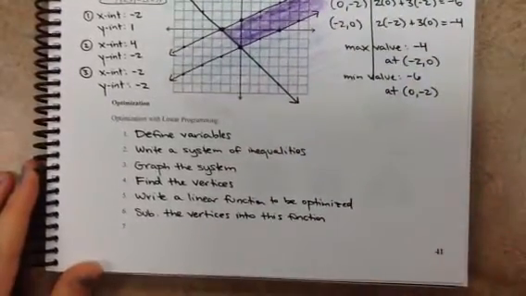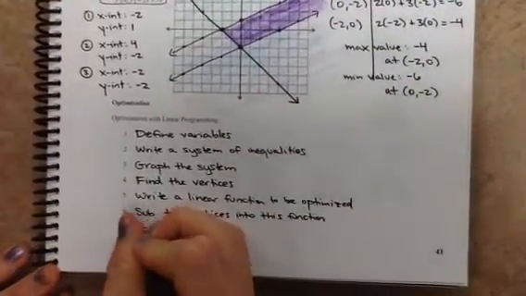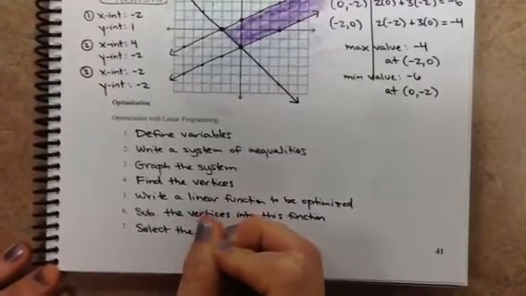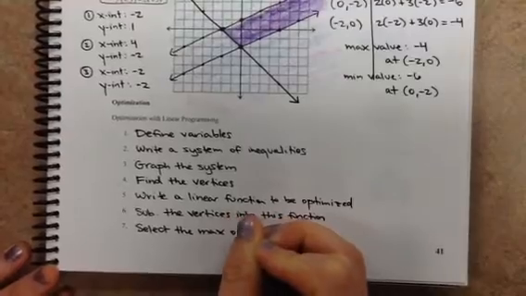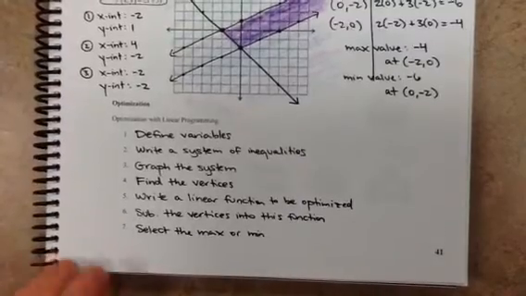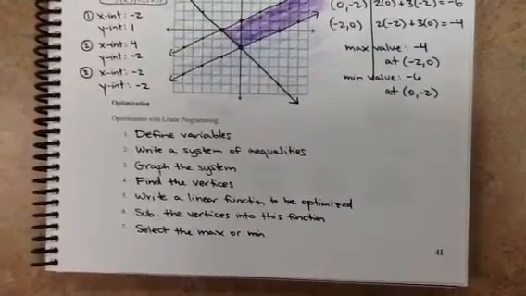And then finally, select the max or min. Depending on what the question is asking, you might want the maximum value or the minimum value. Keep these steps. They're also written very similarly in the book.